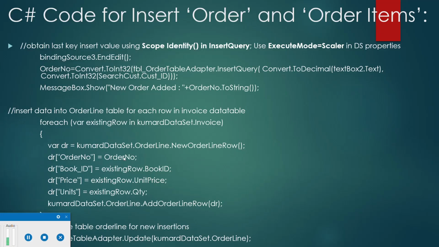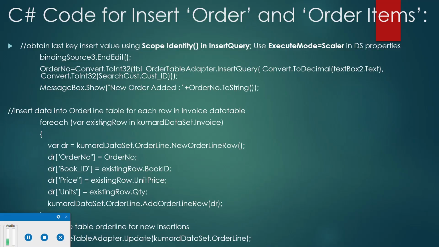We created that variable int order number to capture the last order number from the insert query with the scope identity function. So that is the order number we are using, and we are capturing that into the data row field. The field name is order number. We are getting the book ID again from the same invoice table.